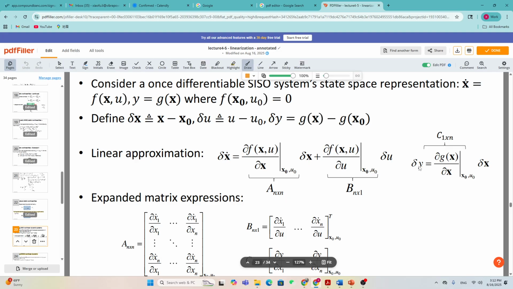The output function y is equal to Cx plus Du. The C matrix also depends on how many outputs you are supposed to have.